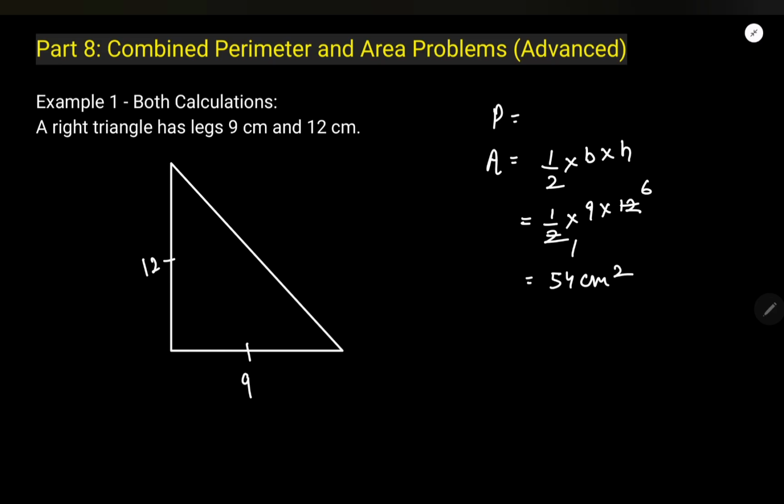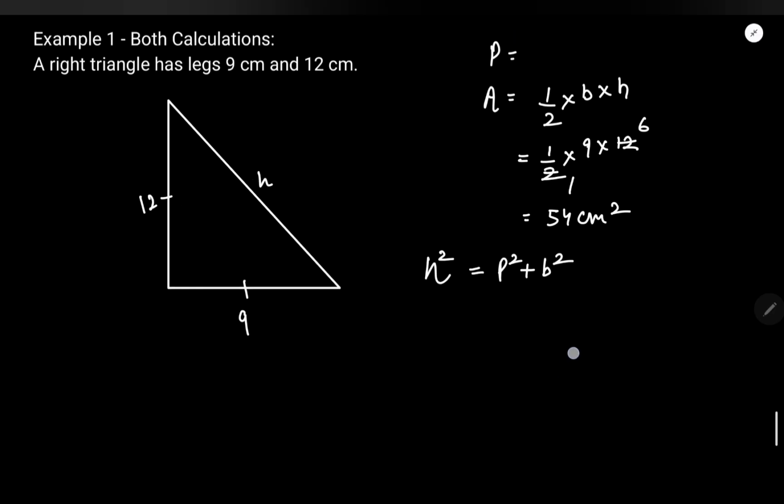But now to find the perimeter, we should know the third side, right? And for finding the third side, what do I need to do? I need to calculate the hypotenuse. Hypotenuse square is equal to perpendicular square plus base square, right? So this will be 12 square plus 9 square, that is 144 plus 81, that is equal to 225.